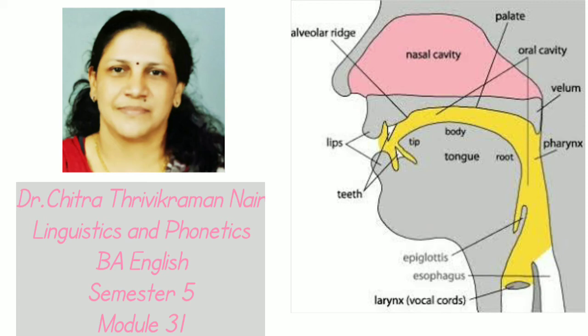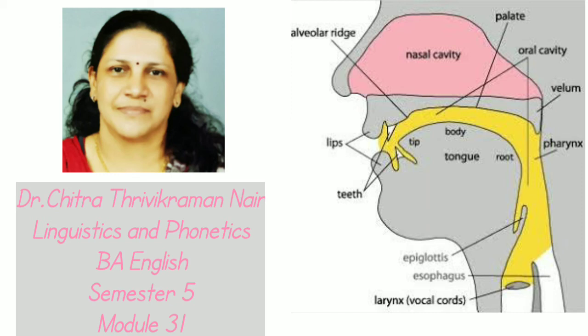The broader divisions of the tongue include the tip, the blade, the front, the back, and the root. So these are the main broad classifications that come under the technical term tongue.